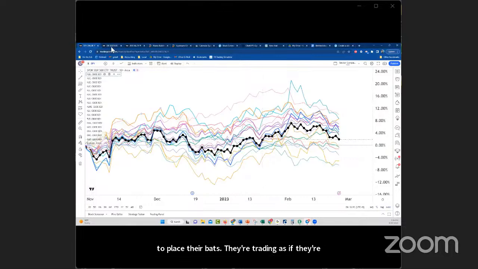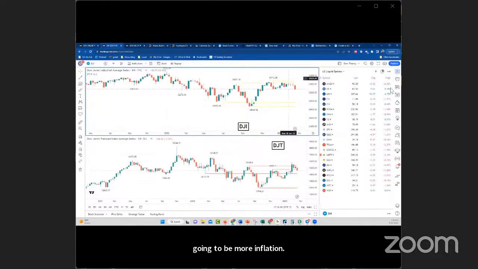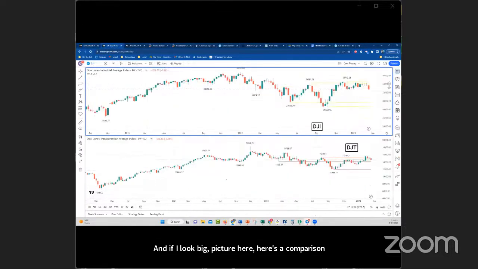And if I look at the big picture here, here's a comparison between the Dow Jones Industrials and the Dow Jones Transport. This goes way back to Charles Dow and Dow theory 100 years ago, that one of these two indexes will take off first, and then the other one has to kind of confirm the move, right? Well, we were just about to get up there and break into new highs on the Dow Jones Industrials.